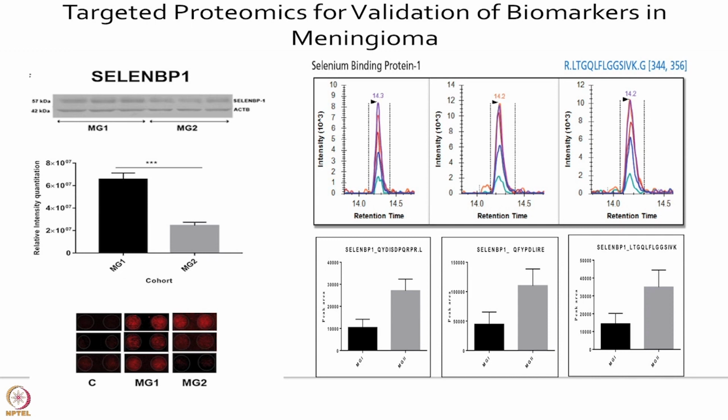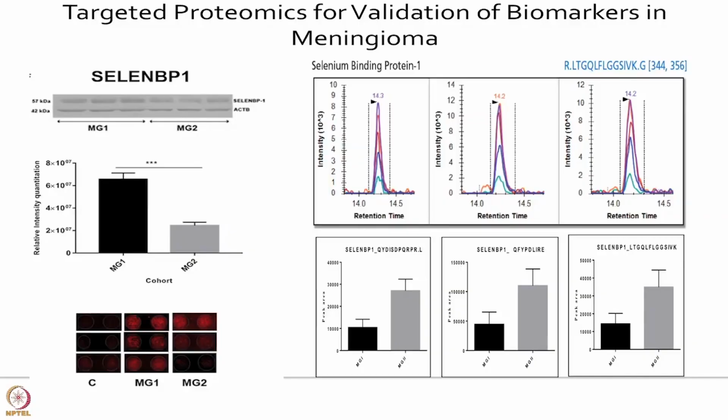So, in our lab, and there are many scientists working worldwide in the proteomics field, they are trying to employ different types of platforms for doing validation. Selected reaction monitoring, which is a mass spectrometry based, triple quadrupole mass spec based assay, is becoming a very powerful way of doing validation, especially when we do not have antibody.